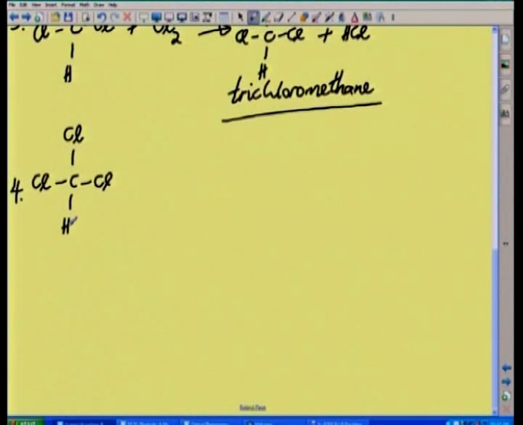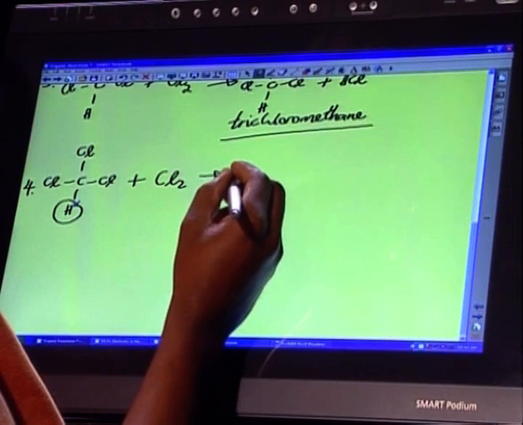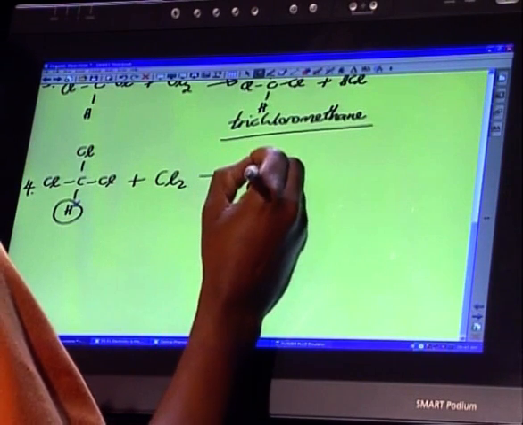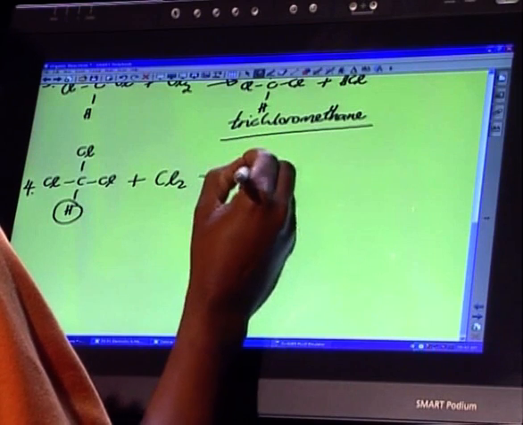It only has 1 hydrogen atom. Now, if we add chlorine to it, you can actually tell what is going to happen. The very last hydrogen atom is going to be substituted by a chlorine atom. So what are we going to have at the end? We're going to have this.